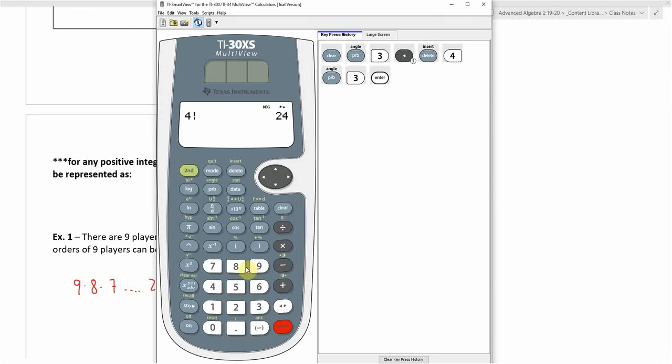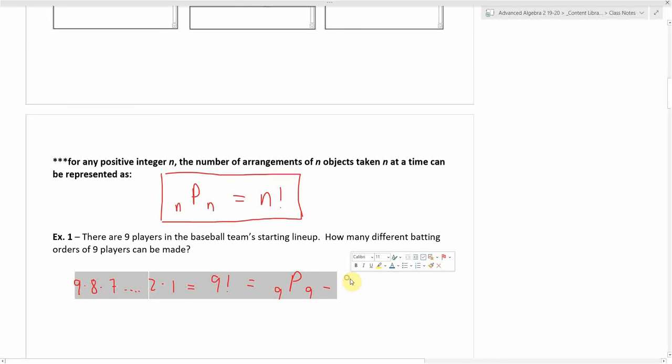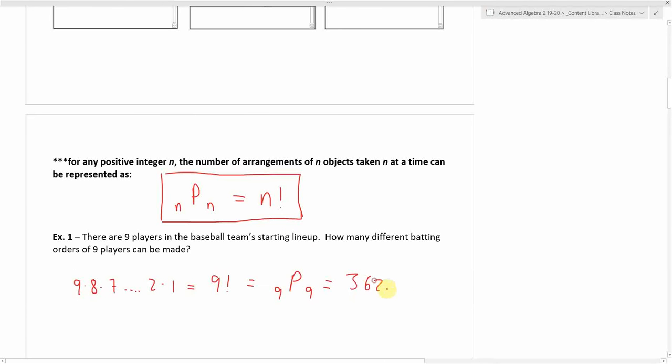It is going to be 9 factorial, which is 362,880. So we have 362,880 different ways to write the batting order, and that is equivalent to 9P9, or 9 factorial. Okay, and we'll keep studying factorials and learn about combinations in the next couple of videos.